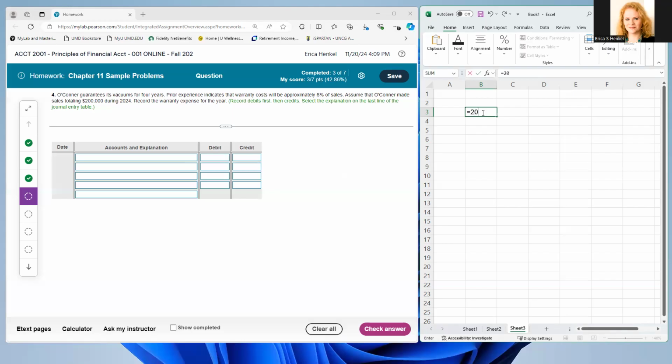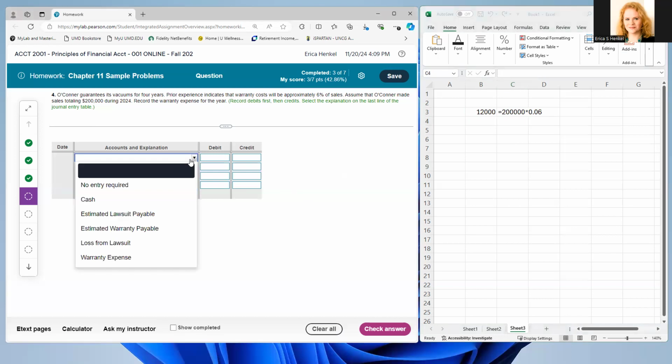So for our $200,000 worth of sales, we multiply that times 0.06, or 6%. That gets us to $12,000. That is the amount of the warranty expense that we are going to record.